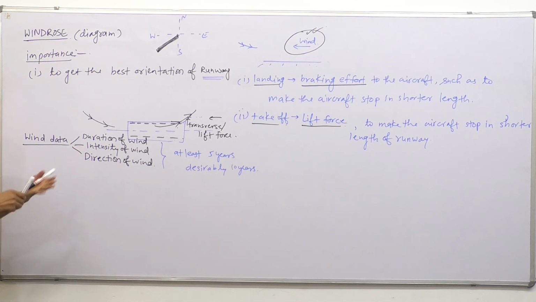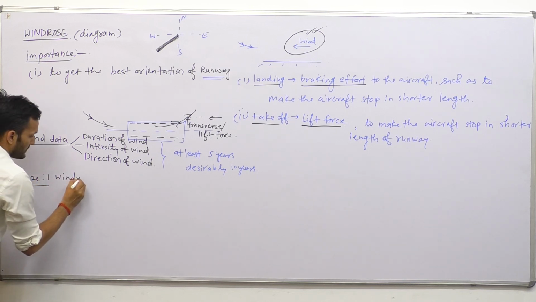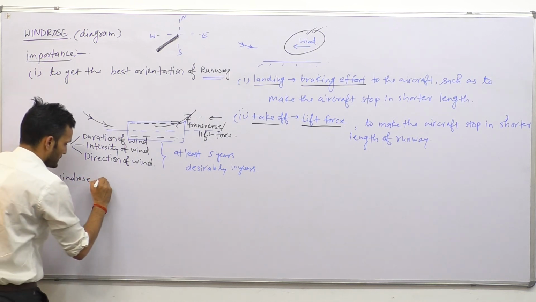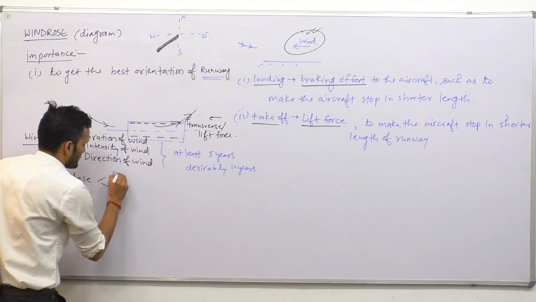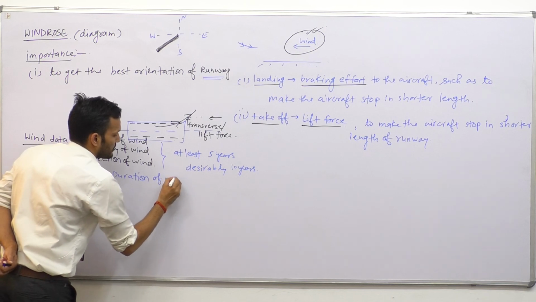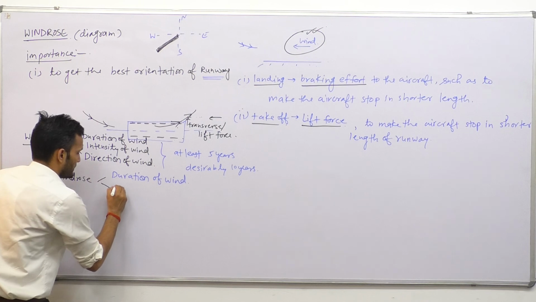With these data, two different types of windrose diagrams are drawn. Type 1 windrose was the conventional, earlier type, using only two parameters of wind. Parameter 1 is the duration of wind, for how much time the wind is blowing over the selected site, and the second is the direction of wind.